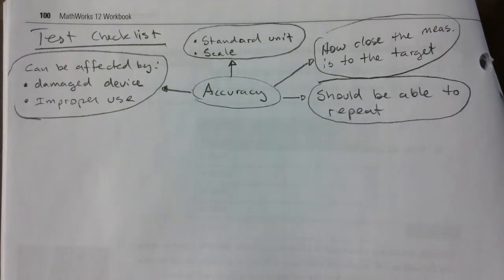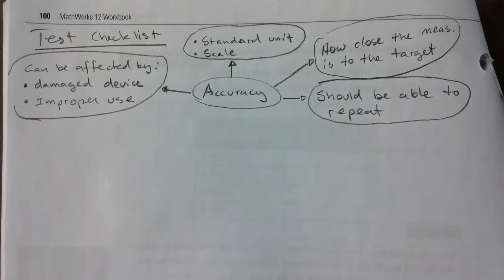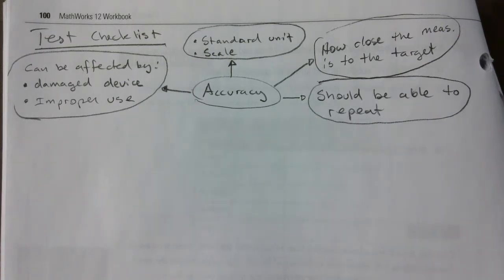How come the measurement isn't accurate? Well, maybe the device has been damaged or the person hasn't been using it properly. Okay. Anything else for accuracy? I think we're good there.